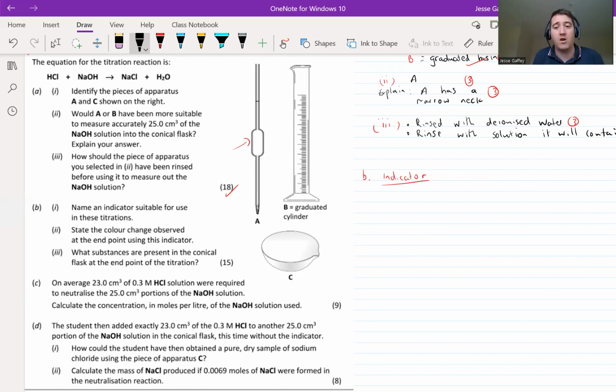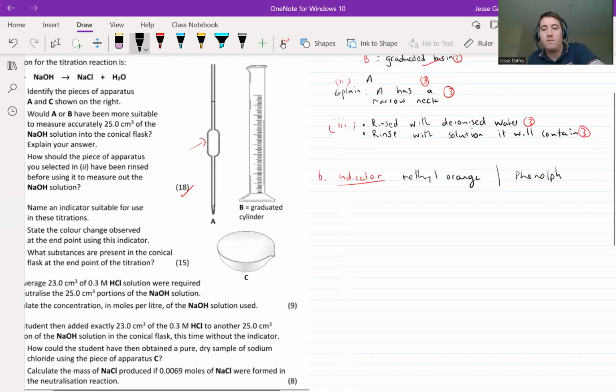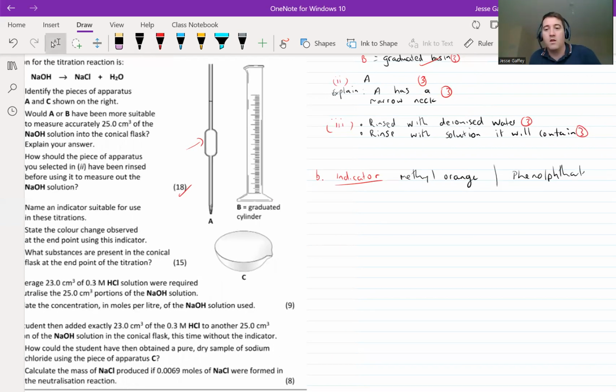Okay, so phenolphthalein or methyl orange. Or you could have said phenolphthalein. Either of these will work. All right, so hopefully you picked one of these.